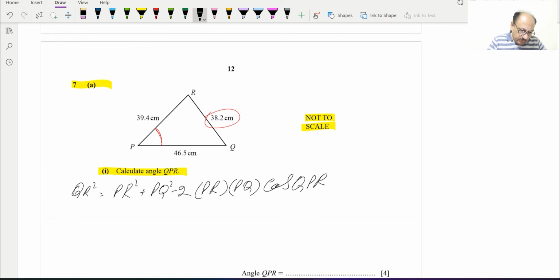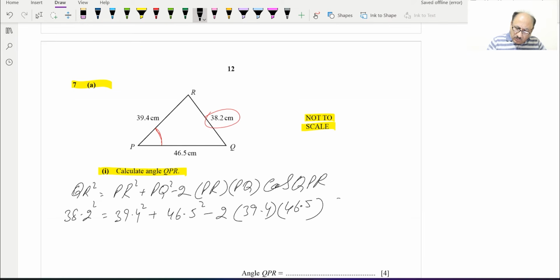Now we'll replace the values. So this is 38.2 square is equal to PR is 39.4 square plus PQ will be 46.5 square, and minus 2 into 39.4 into 46.5 and cos of angle QPR.